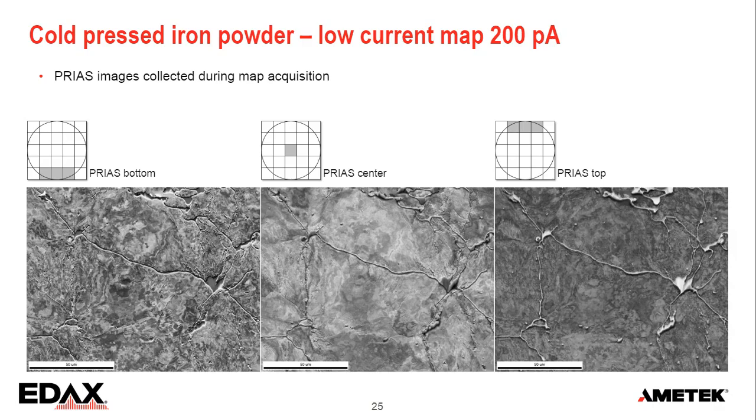Then here in the middle, Prius center also shows orientation contrast, but it's less sensitive to subgrain structures, so we can see the whole grains a little bit better. Prius top is sensitive to backscatter contrast, so in this case it's not the most interesting map because it's effectively single phase with some gaps where we have some resin. But in a multi-phase sample, that would clearly show where the different phases are sitting.